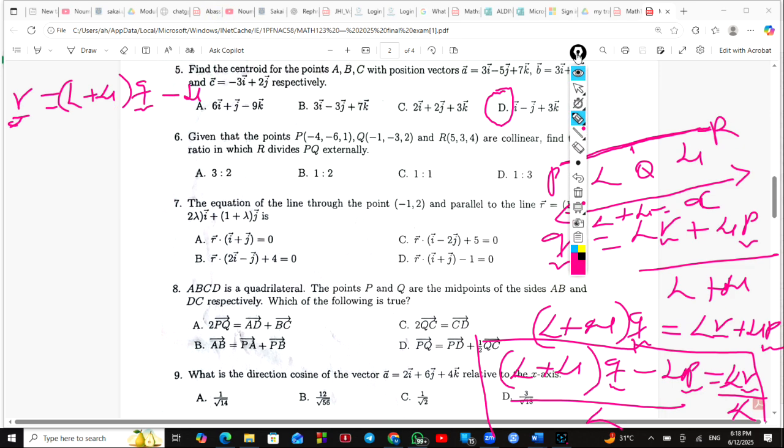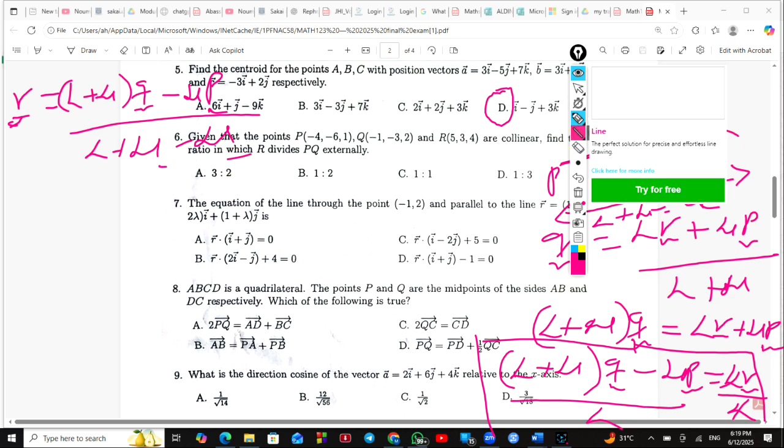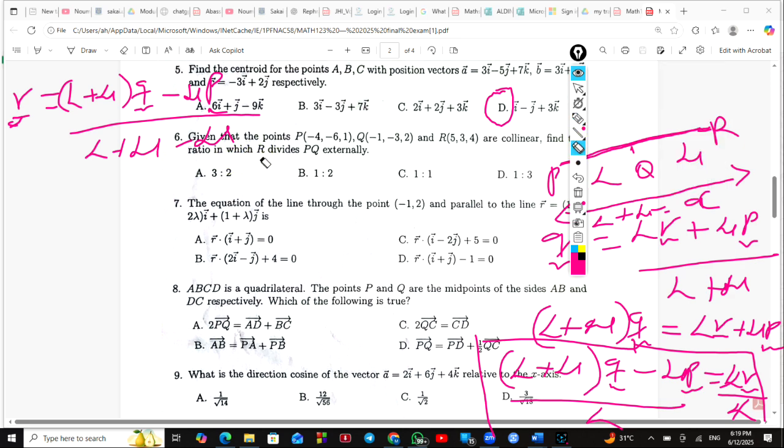We don't need all this in this question, but I just want to clarify something. Just want you to know that you can derive the external formula from the internal. So minus mu P all over lambda. And instead of writing lambda, we can also write it as lambda plus mu minus mu. So we have mu minus mu is just 0, right? So leaving lambda, you can write it this way.